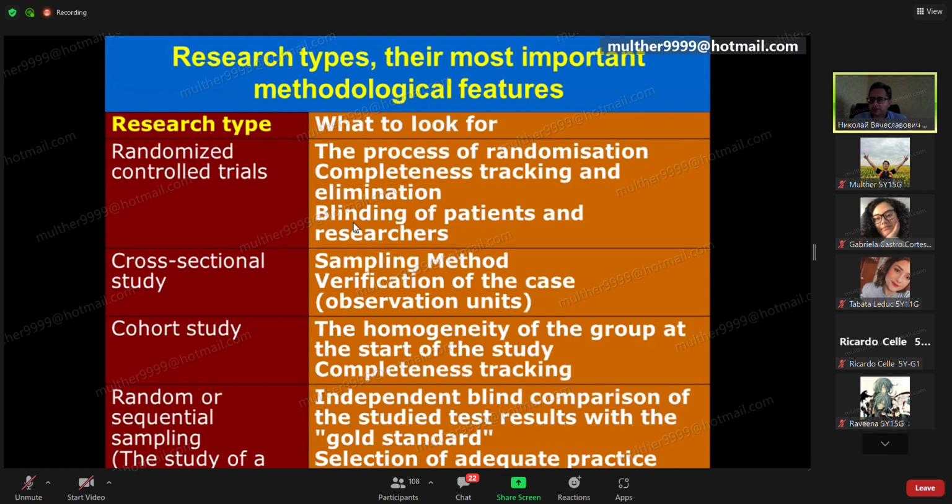As for randomized controlled trials, this study includes more than 1,000 participants, and random or sequential sampling. This trial provides independent blind comparison of study test results with the gold standard, which we use for selection of adequate practice, the real patient population.